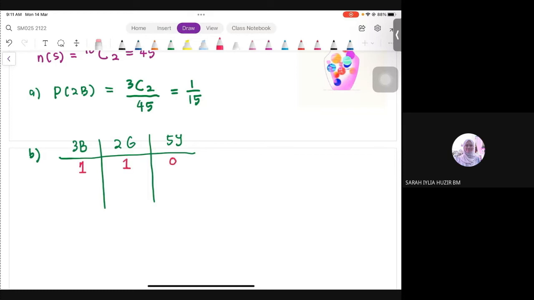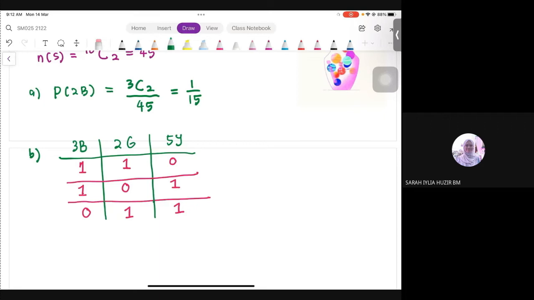So yellow kita dah tak boleh pilih sebab dah cukup. Or kita pilih 1 blue, 1 yellow, green kita tak pilih. Last one, kita tak payah pilih blue, 1 green, 1 yellow. Itu je number of options that we have. Tak ada cara lain. Okay, so now choose case by case.